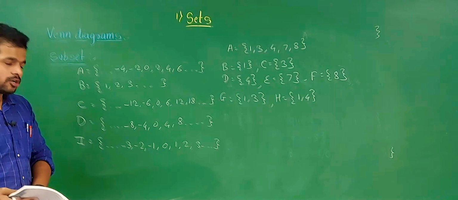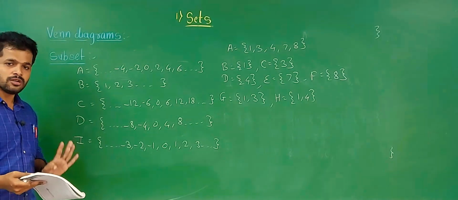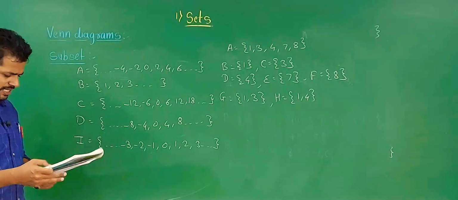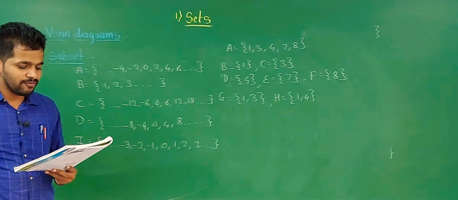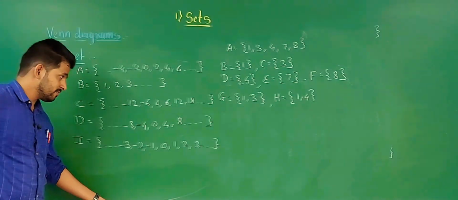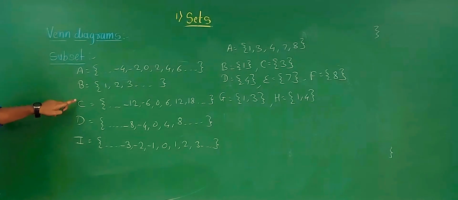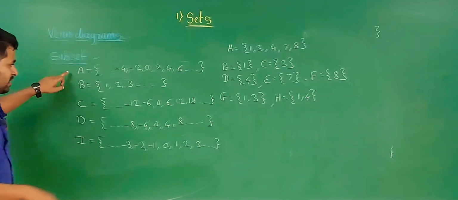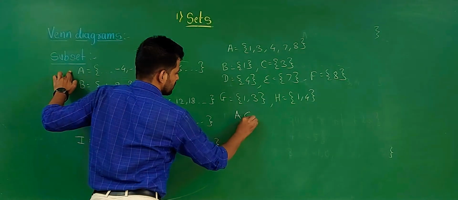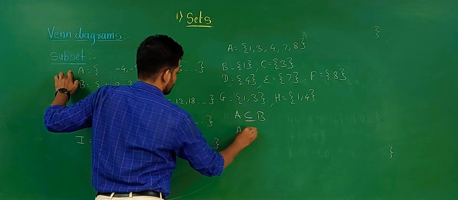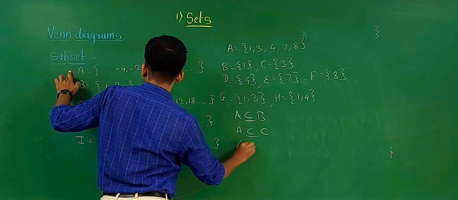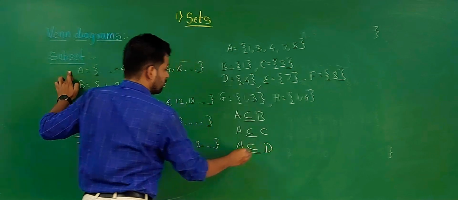We only have to cross-check whether they are correct or wrong, true or false. Let's see. A is a subset of B, C and D, means we have to check that A is a subset of B, A is a subset of C and A is a subset of D. Just you have to check it.